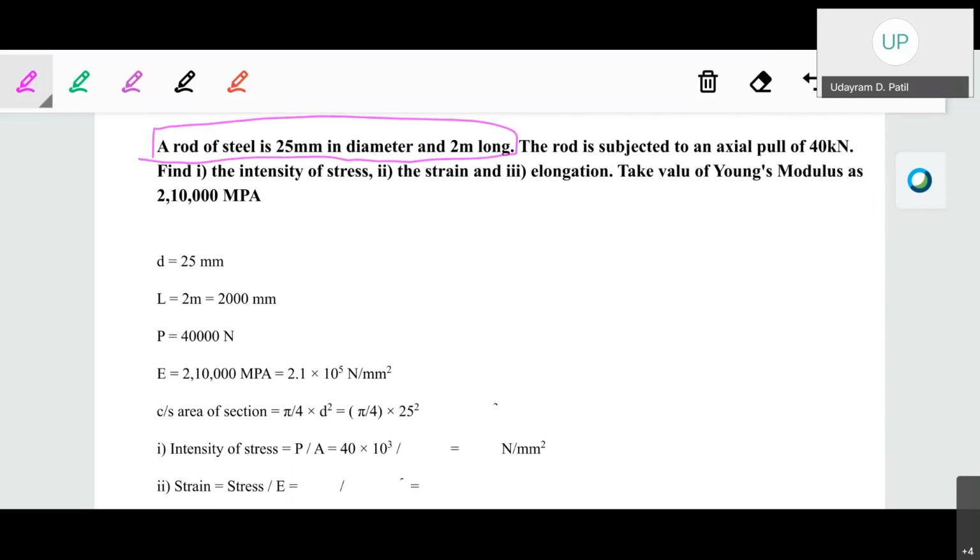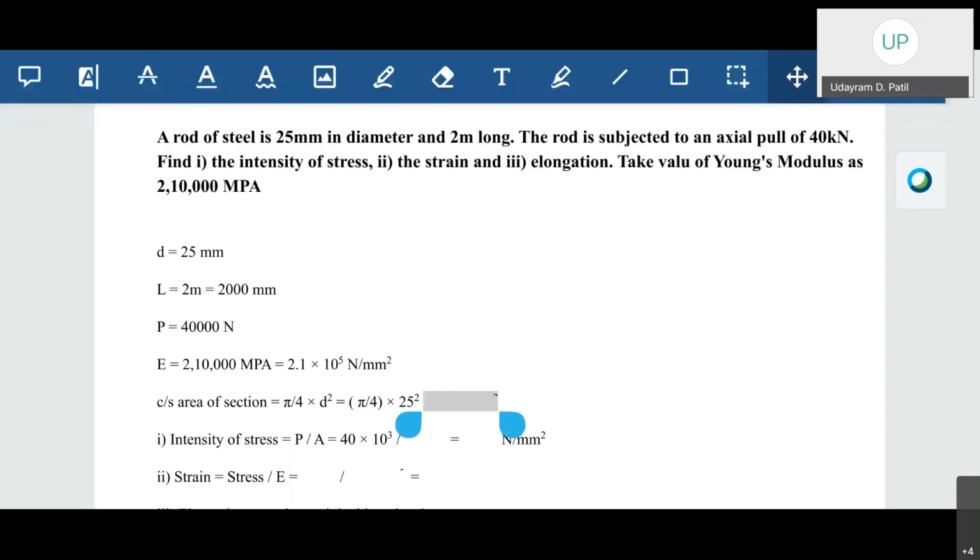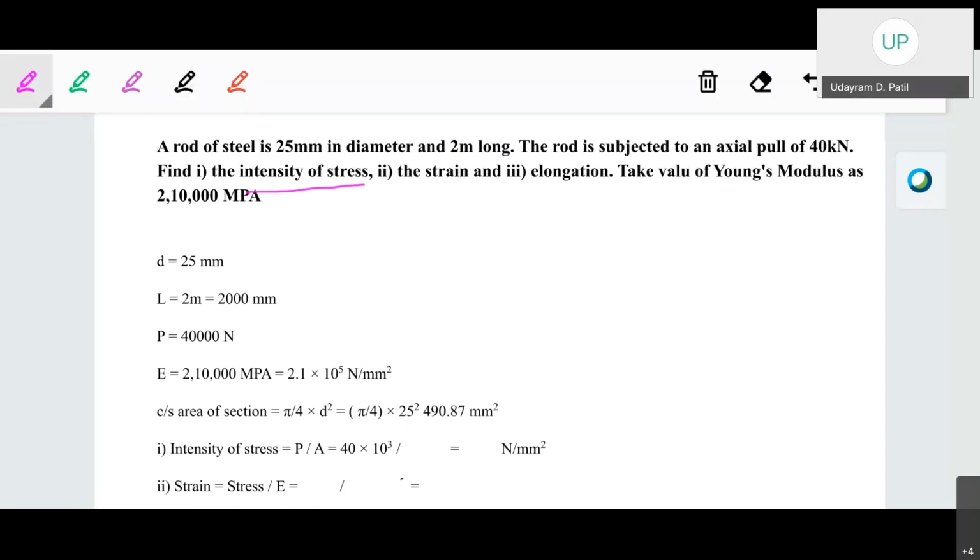So pi by 4 multiplied by 25 square will give us the area of the cross section. That will be 490.87 mm square.